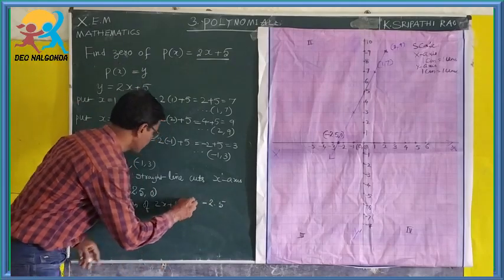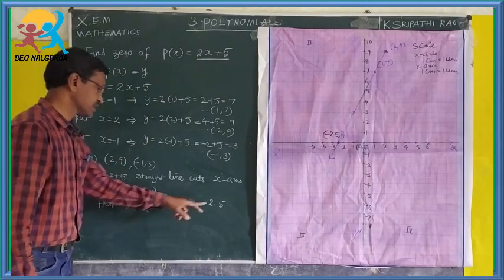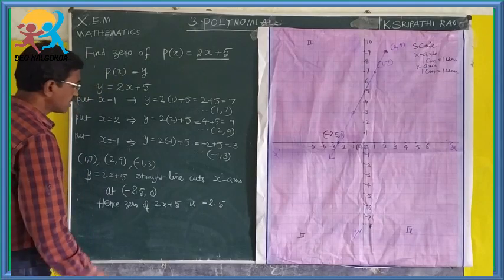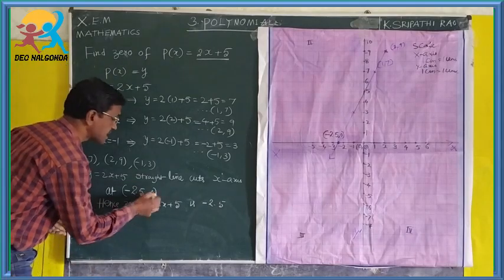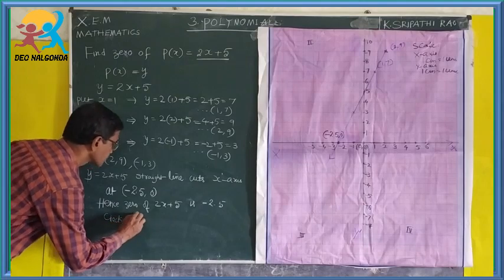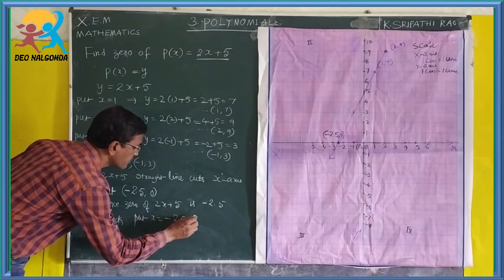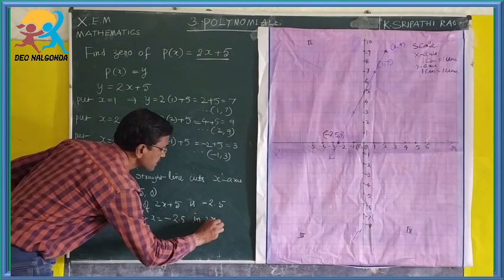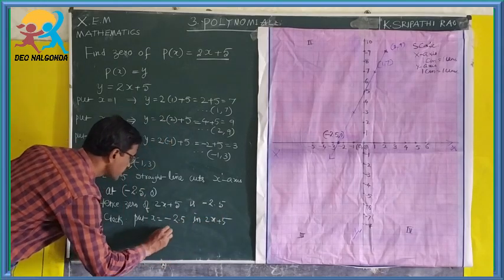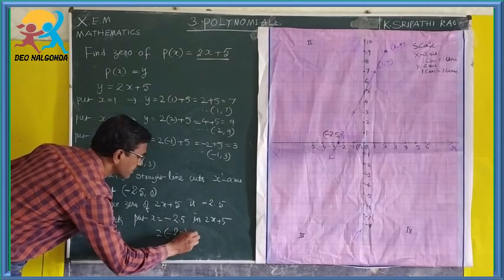From this we can find the x coordinate, which gives us the zero of this polynomial, minus 2.5. Let us check whether it is true or not. You can check. Put x is equal to minus 2.5 in 2x plus 5. 2 into minus 2.5 plus 5.